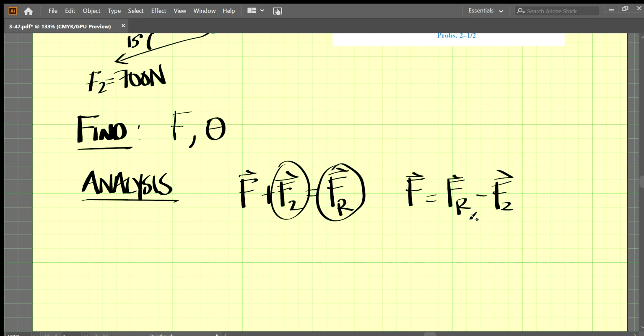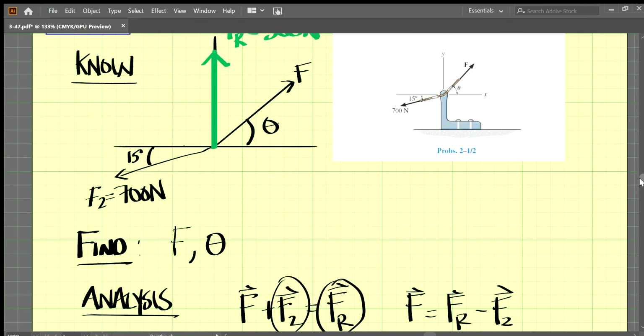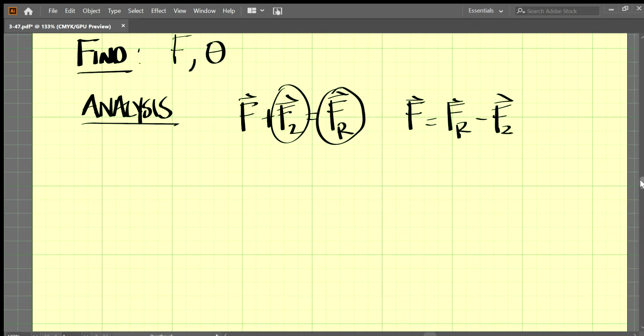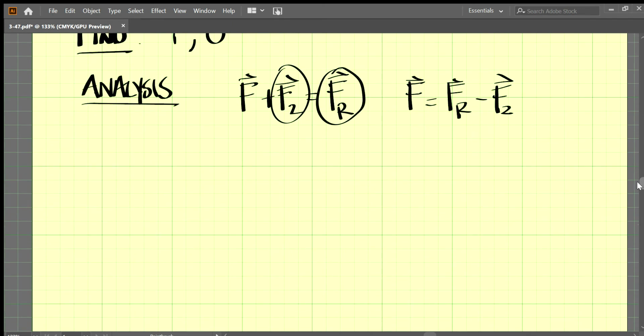So remember that when we add vectors together, we add them tip to tail. If we want to subtract vectors, it's like adding the vector but in the opposite direction. So if we're subtracting F2 here, instead of drawing F2 downwards this way, we would draw it in the opposite direction. So let's just draw a triangle here, adding these vectors tip to tail. So we have our resultant vector, and that is just a vertical vector here, that's FR.